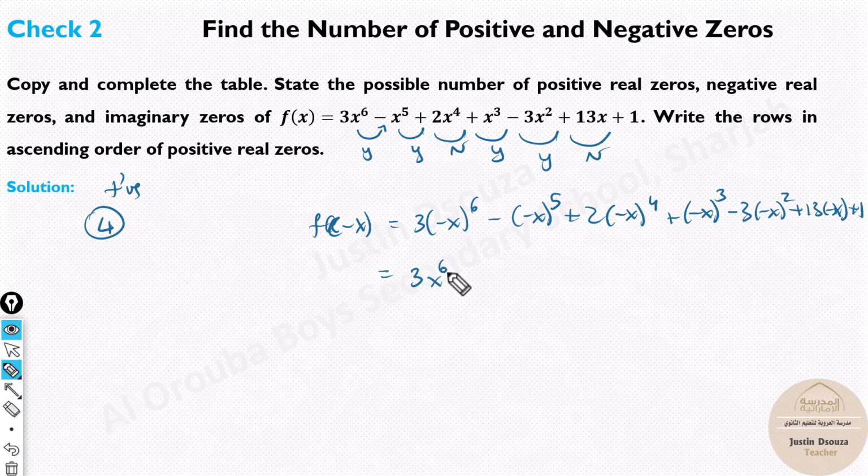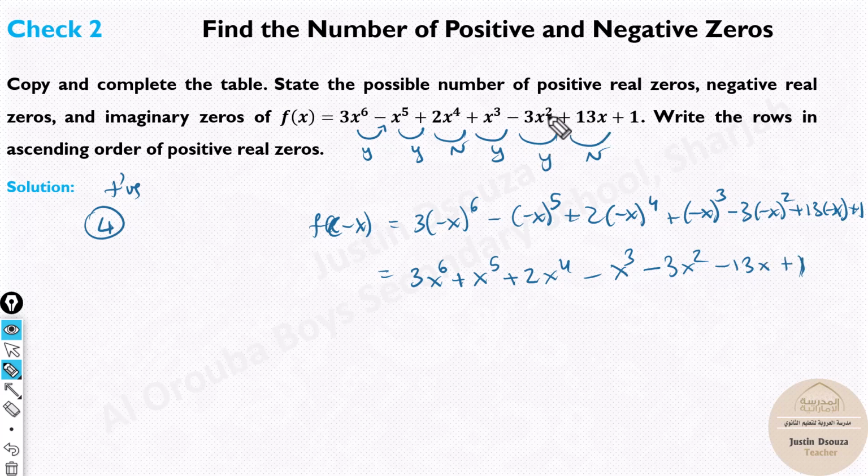It will be 3x to the power 6 because it's an even power. And here, since it's odd, this minus remains, minus and minus become plus x to the power 5. Now here, since it's even, this dissolves, it will be just 2x to the power 4. And now here we will have a minus sign, minus and plus will be minus x cube, minus, and this will dissolve, so it is minus 3x squared. And we have minus x times plus 13, so it will be minus 13x. And lastly, it's a constant term 1.